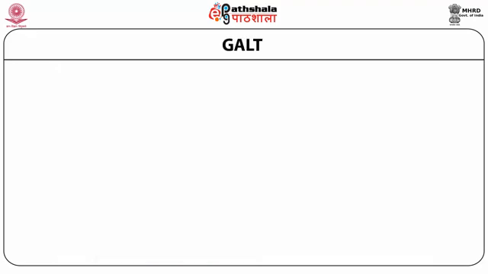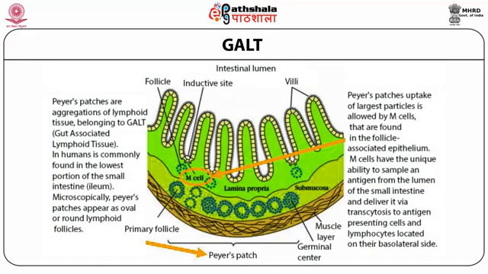Then we have GALT. Microbes trying to enter the body via the intestinal tract are prevented by GALT. GALT hence has to have a mechanism which distinguishes between harmless food and infecting microbes. This mechanism consists of microfold M cells on the epithelia and associated antigen presenting cells, APCs.